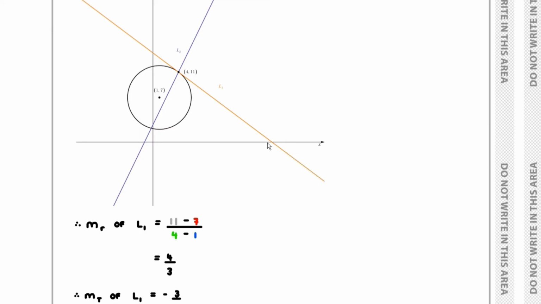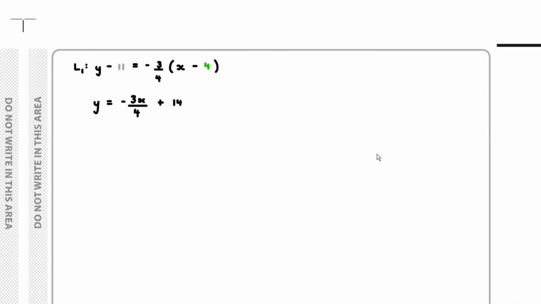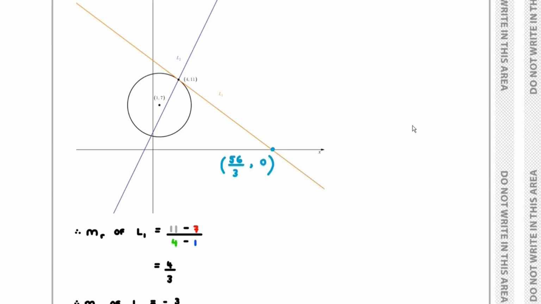So let's begin by finding where L1 intercepts the x-axis. We can do that by setting y equal to 0. So we have negative 3/4 x plus 14 equals 0, meaning x is equal to 56 over 3. So this point is 56/3, 0.